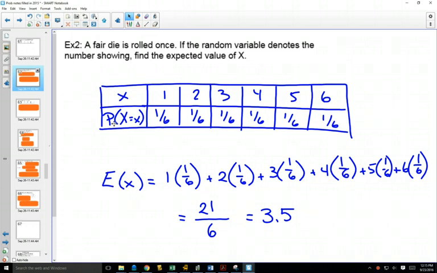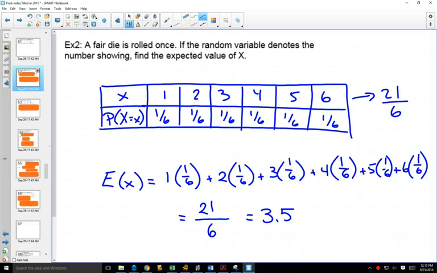And if I want to find an average, I would just have to add those things up and then divide by 6. And if you add 1 plus 2 plus 3 plus 4 plus 5 plus 6 together, you get 21. Divide that by the 6 times, and you find out your average is 3.5 as well.